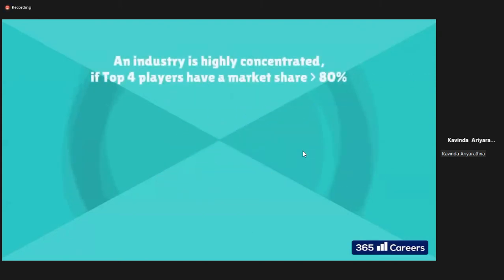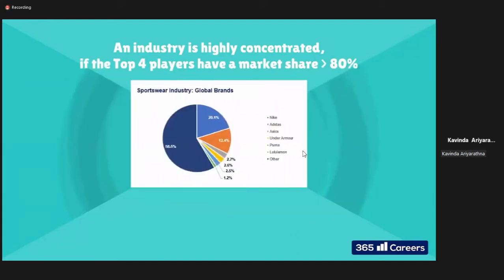There are probably thousands of other smaller firms competing at a local level. Proof that the industry is not concentrated is in its concentration ratio. Previously, we learned that a concentration ratio of the first 4 players in an industry of over 80% means the industry is highly concentrated. Well, this is not the case for the sportswear market. The combined share of the top 4 players in this chart accounts for 38% of the total industry turnover.